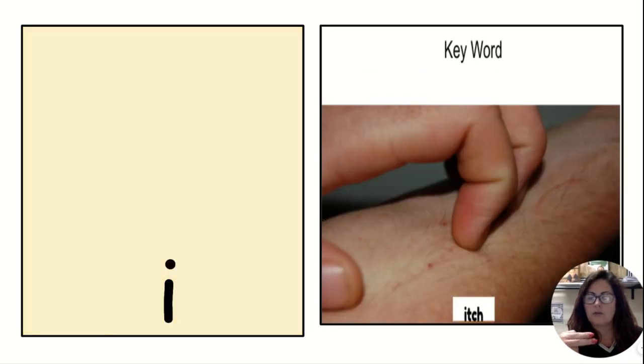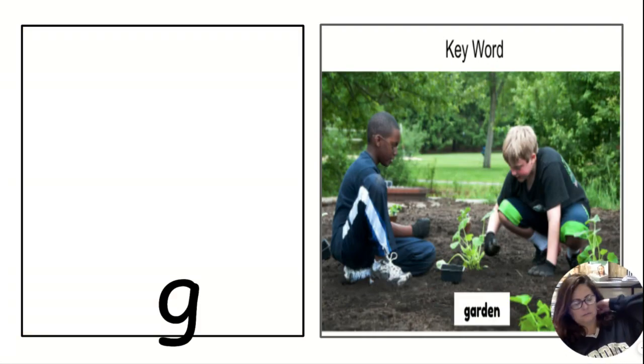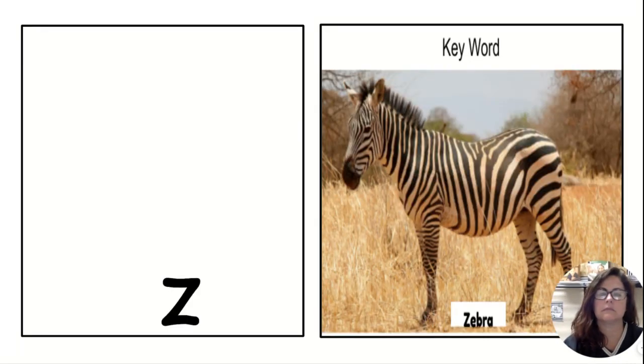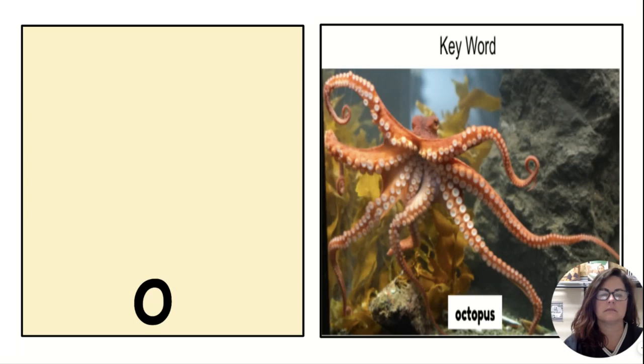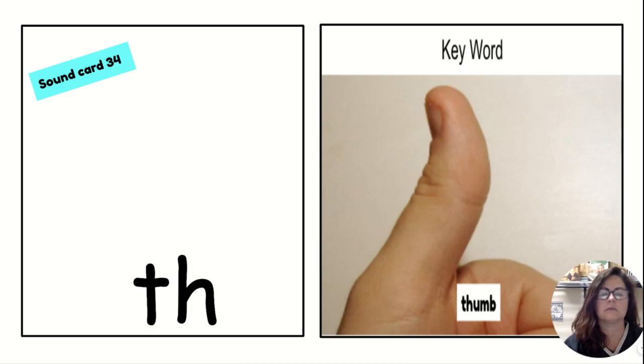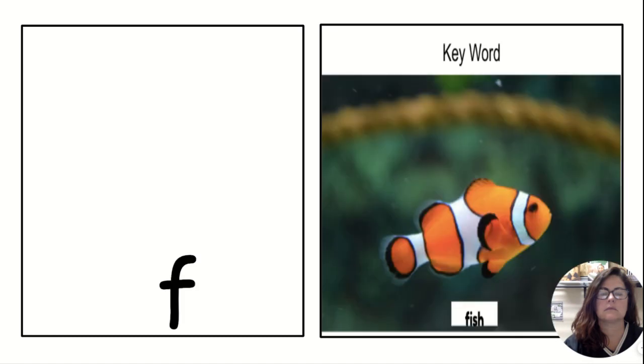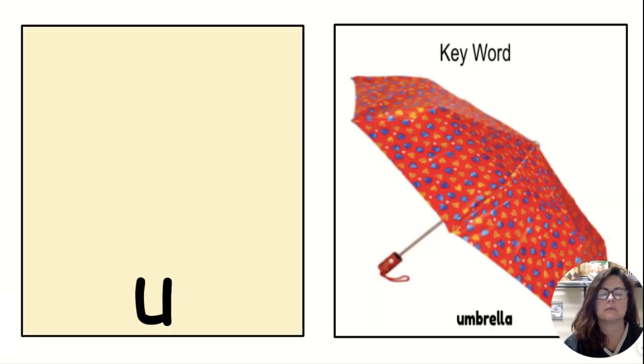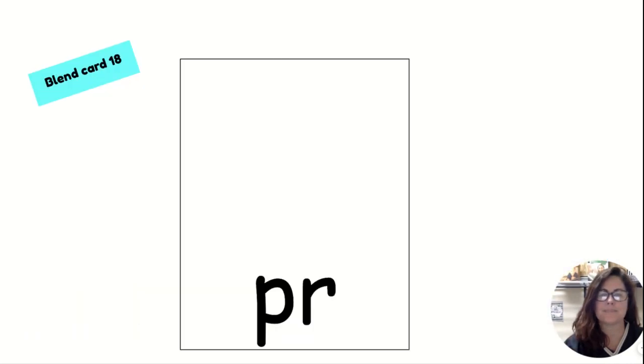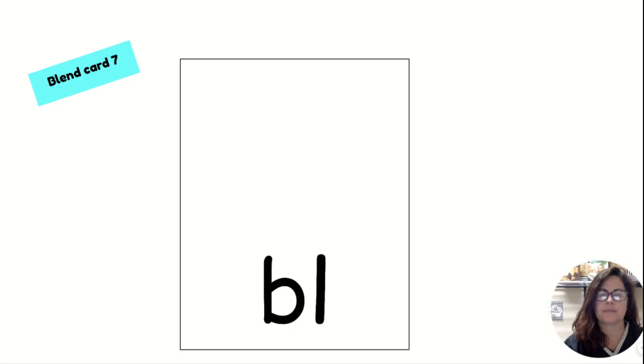The short and the long sound for I. The short and the long sound for O. The short and the long sound for U. As you'll notice, about every 3rd lesson, we add the blend cards back in for review.